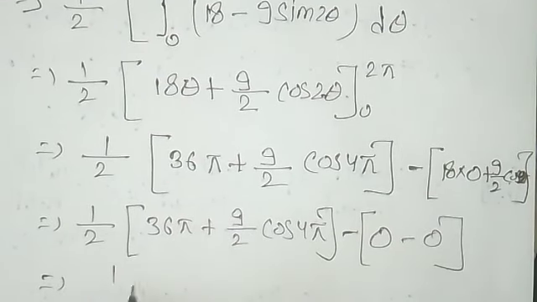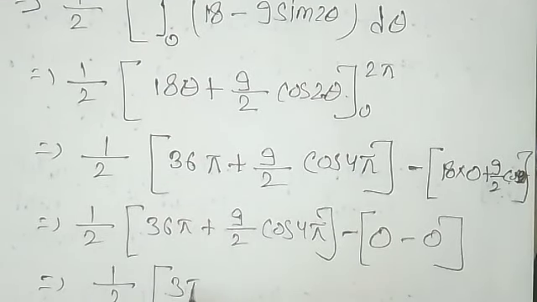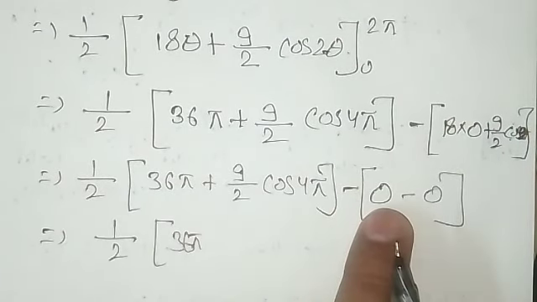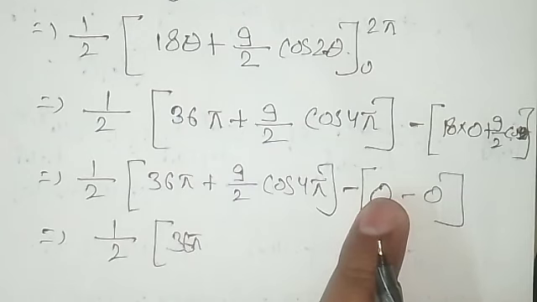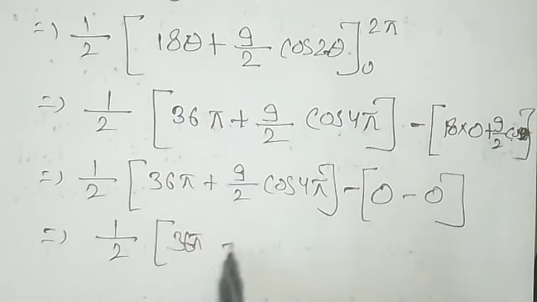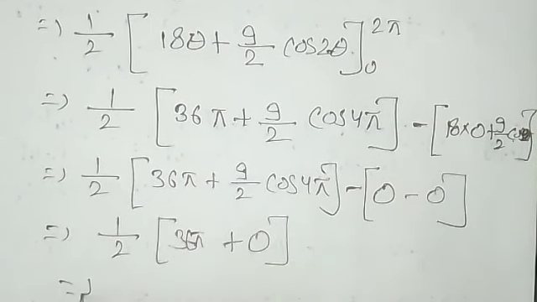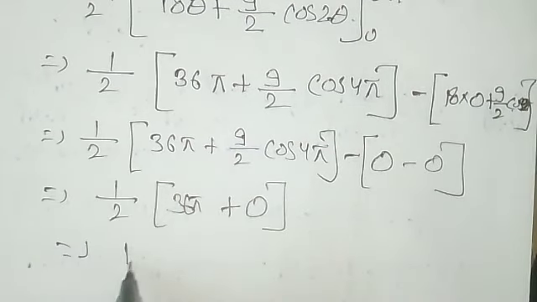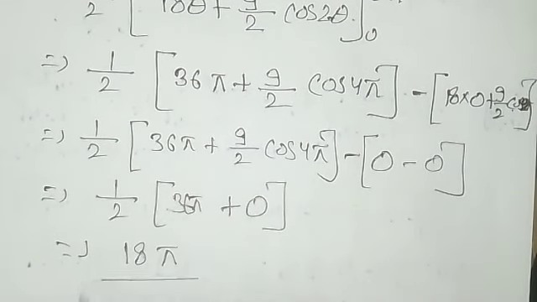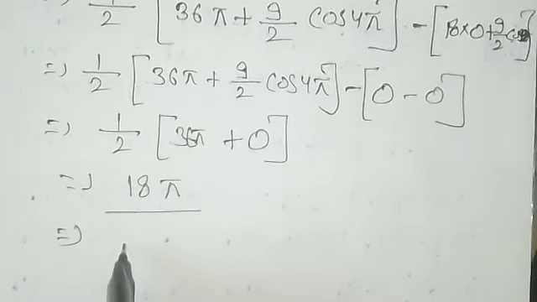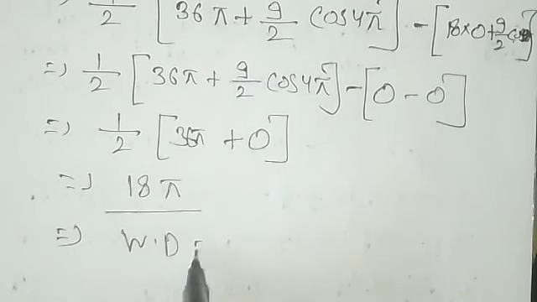So it is half of 36 pi, and cos 4 pi is also the same as cos 0 only. So this value is nothing but 18 pi. So the work done by the force in that xy plane, x square plus y square, is nothing but 18 pi.